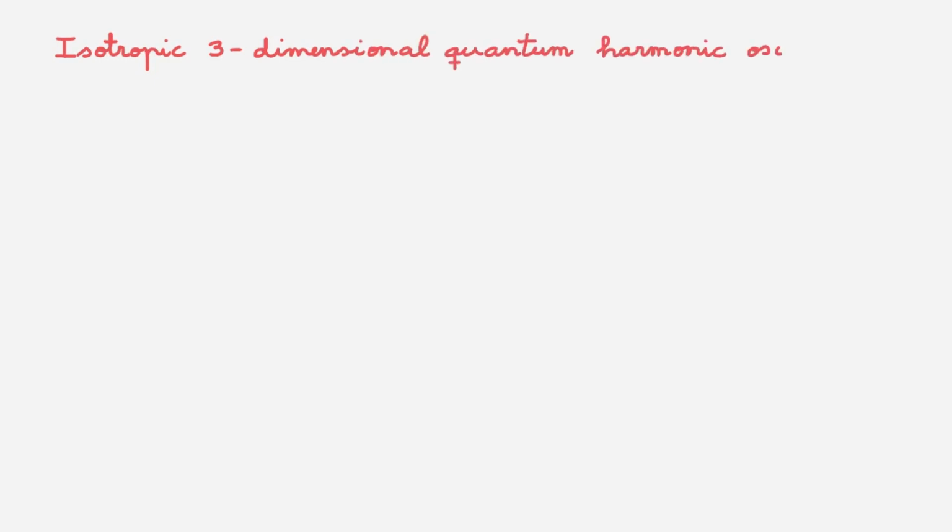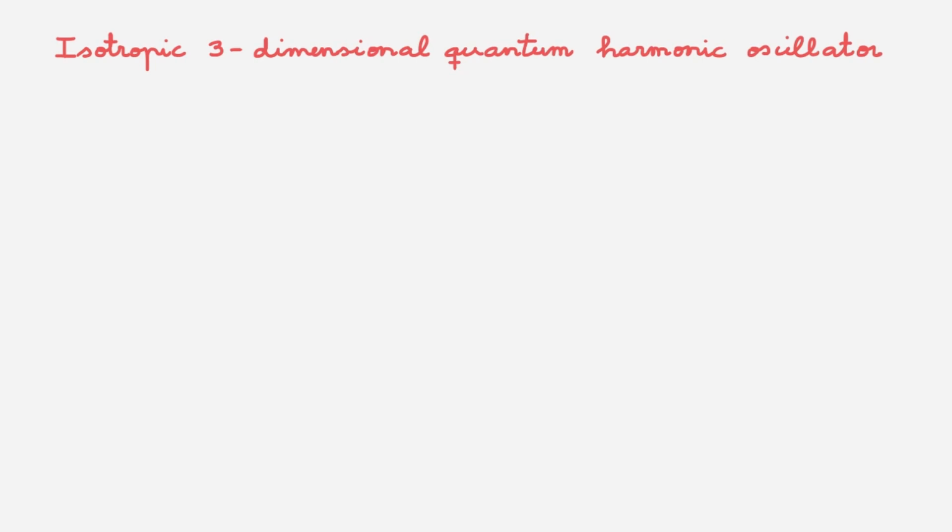Today we consider a particle moving in an isotropic three-dimensional quantum harmonic oscillator. The discussion builds on the general three-dimensional quantum harmonic oscillator, so if you haven't seen that video yet, I recommend that you check it out before you continue with this one.